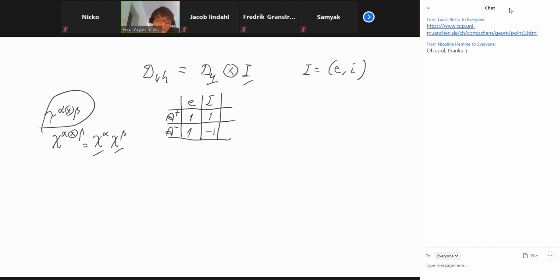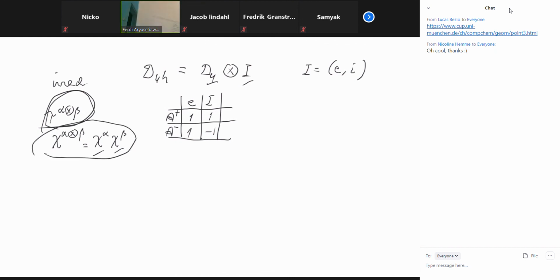And the character table is easy because of this.